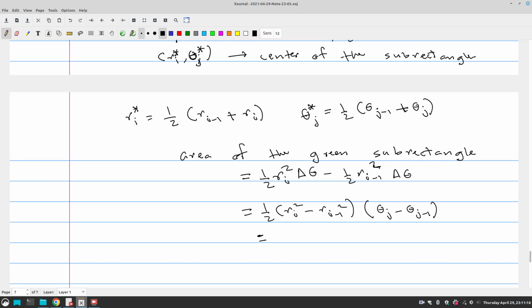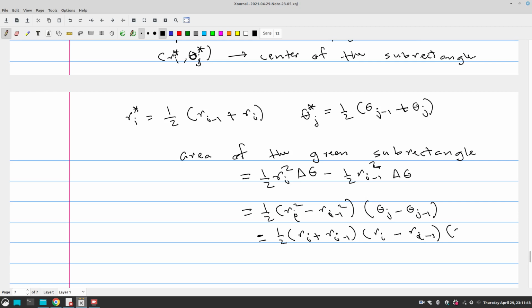Well, this could be written as half, so this is Ri, not Rj, Ri plus Ri minus 1, dot on the I, Ri minus Ri minus 1, right?